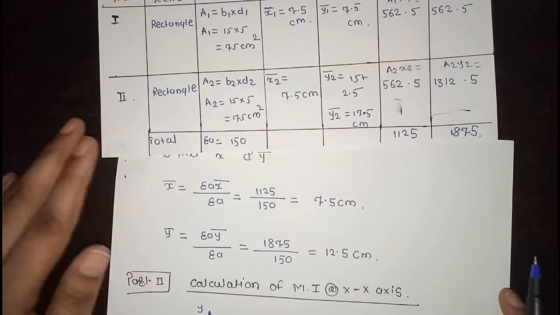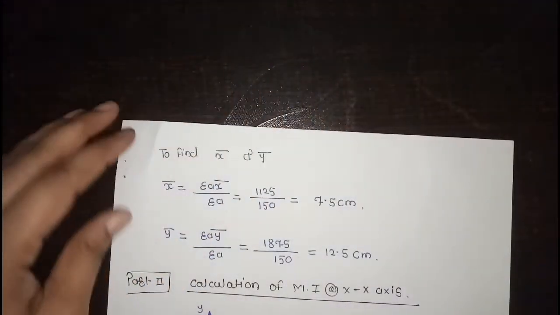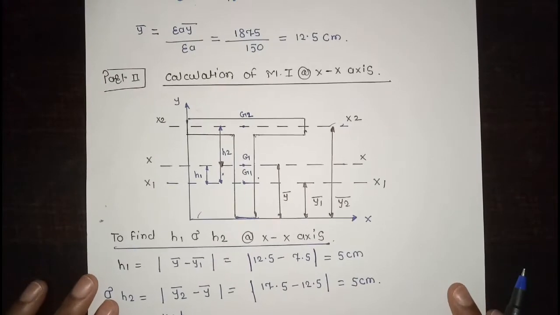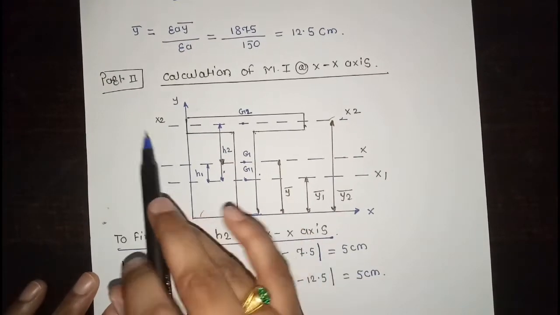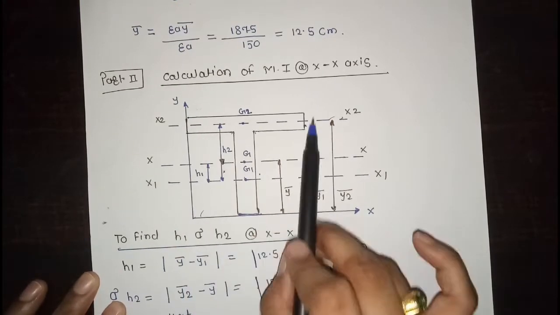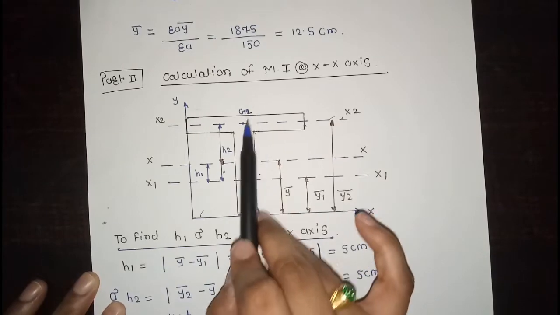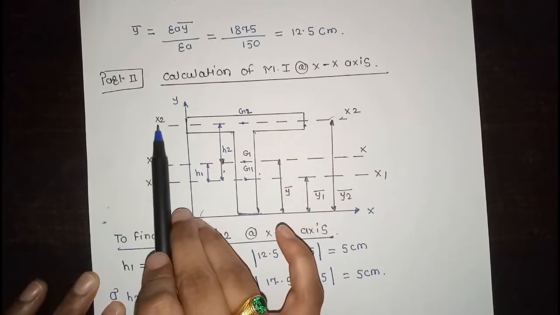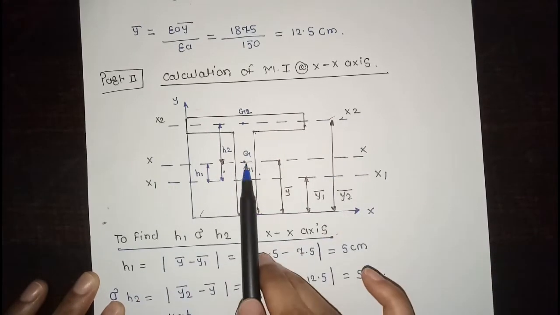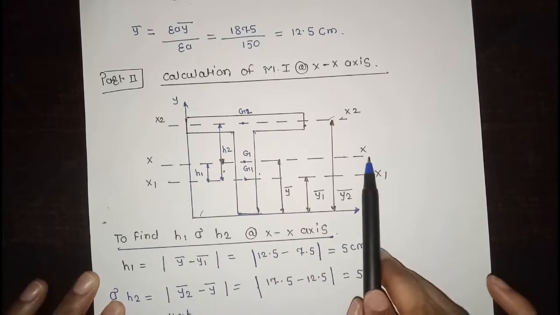Then the second part is the calculation of moment of inertia about the x-axis. Part 2: this is the reference axis x and y, T section. First section is G1, second section is G2. This is the centroidal axis passing through G2, meaning x2. And this is the centroid of the whole area, G, passing through the axis XX.